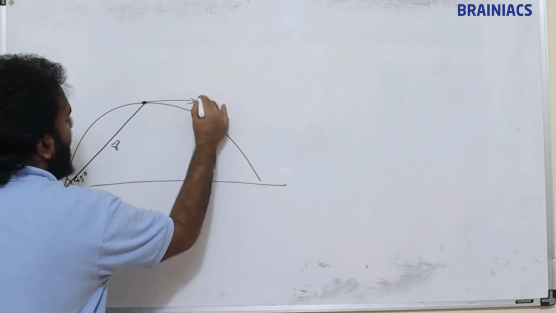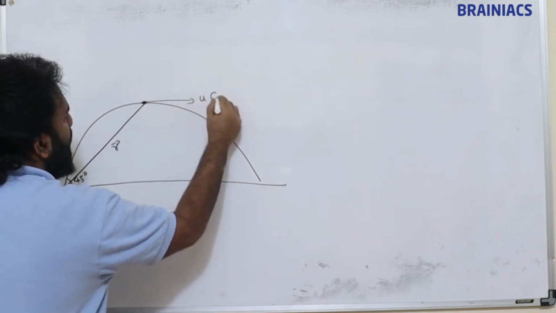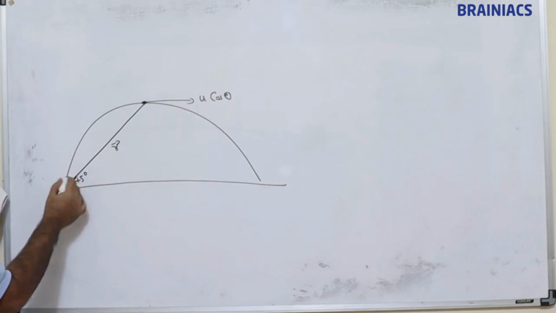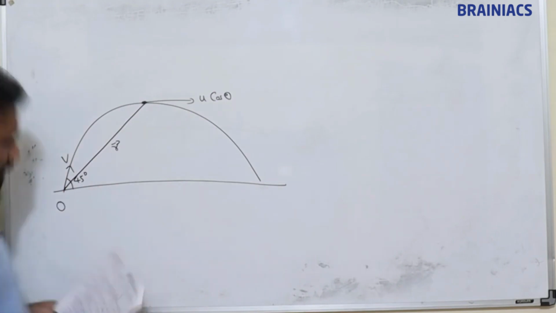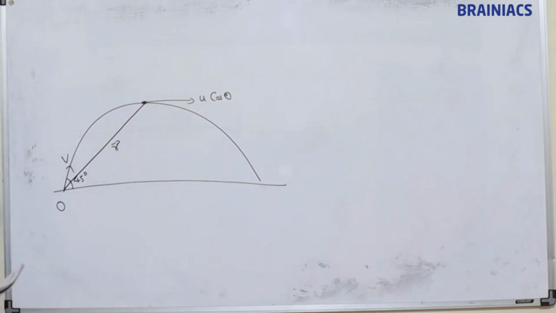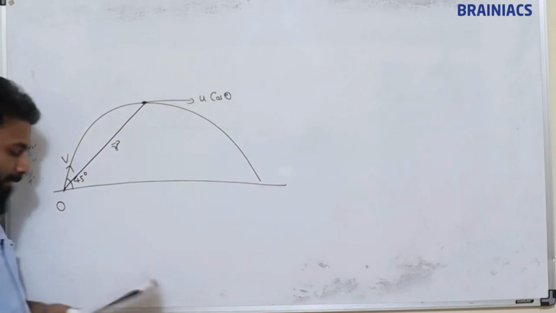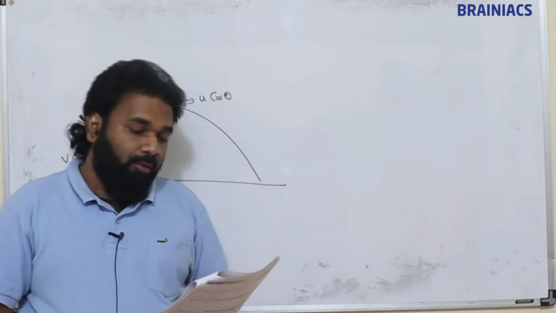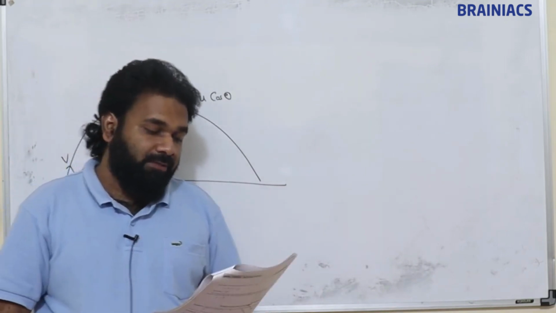This velocity we know, this is nothing but u cos theta. This projectile is projected at an angle, that also we know. So now we need to find the angular momentum of the particle about the point of projection when it is at maximum height.